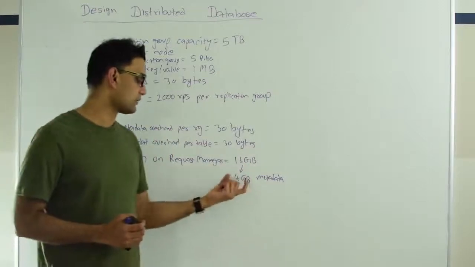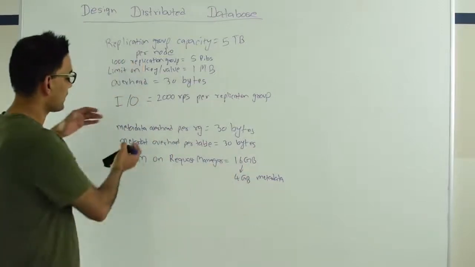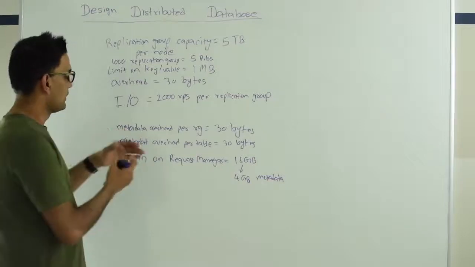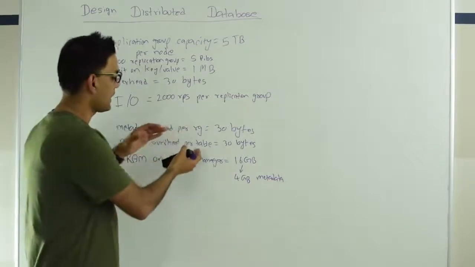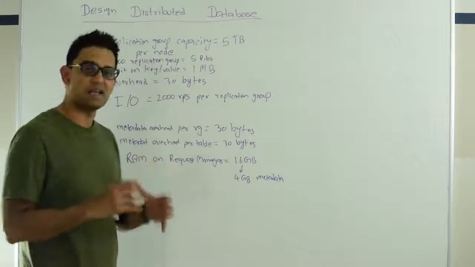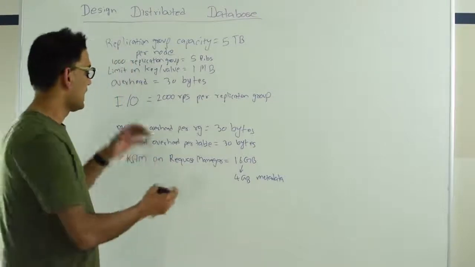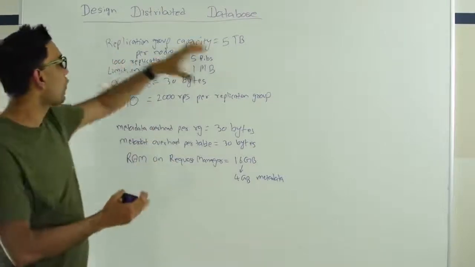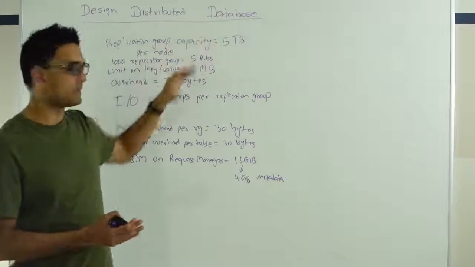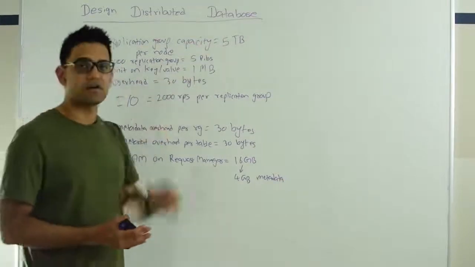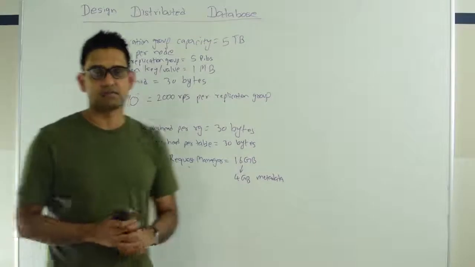So given 4 gigabytes, you can figure out how many replication groups and how much table information can be held in the memory of a request manager, and based on that you can come up with the total storage capacity and total I/O capacity of your database system.